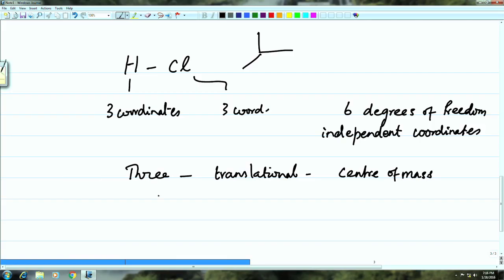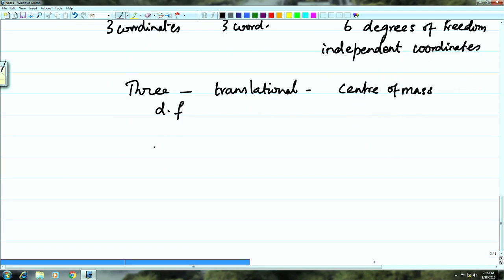Therefore, 3 degrees of freedom are due to translational motion. This molecule also rotates about 2 independent axes, an axis passing through the center of mass and an axis perpendicular to it.